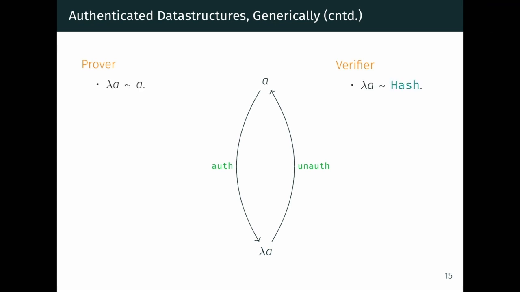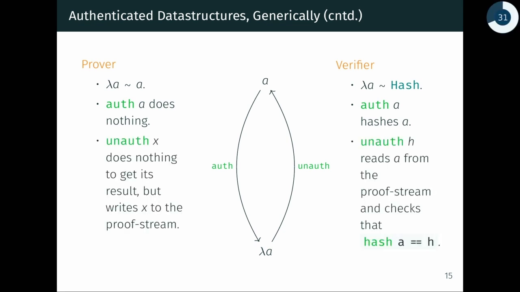And on the prover side, this lambda A is just A. It's like a new type. Whereas on the verifier side, it's a hash. On the prover side, auth doesn't do anything, whereas on the verifier side, it hashes to get the hash. And the really interesting part is the unauth.